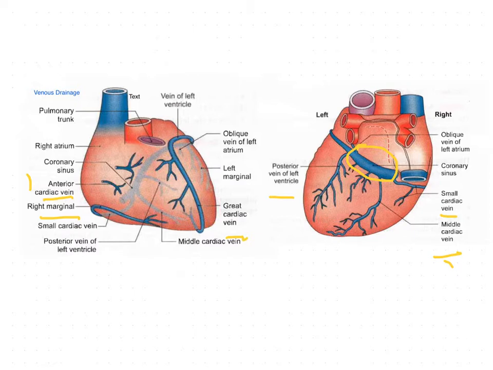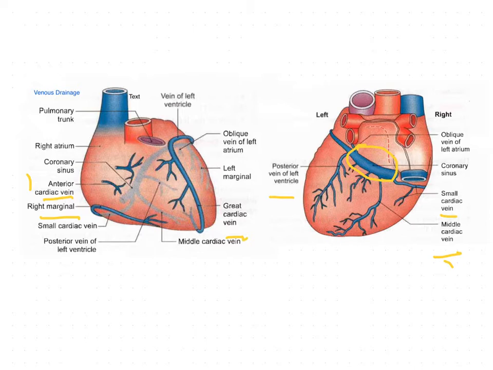So how many major veins are present here? There are totally 8 veins and one large vein that is called the coronary sinus.